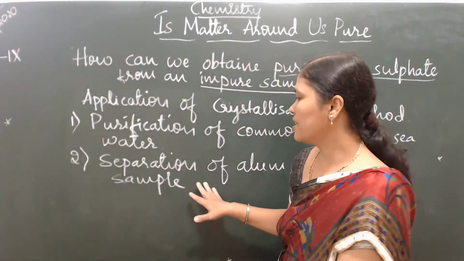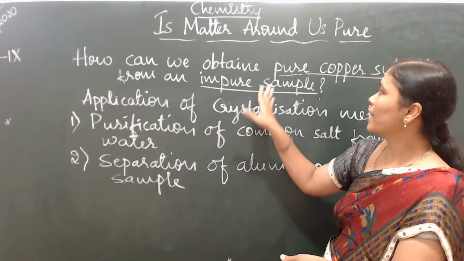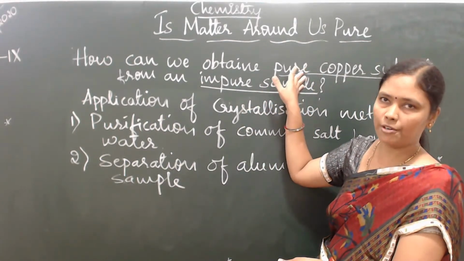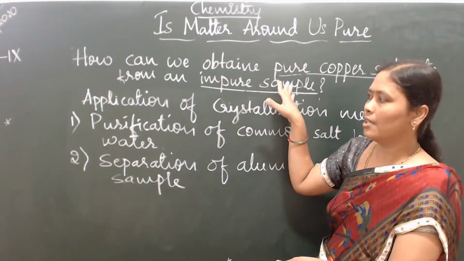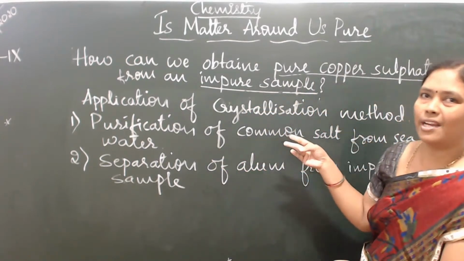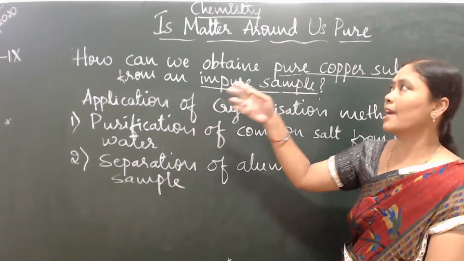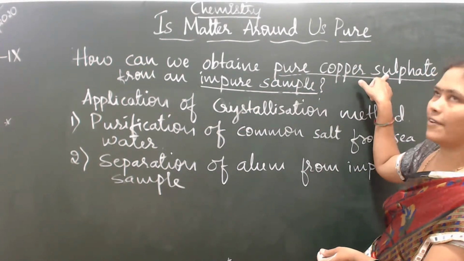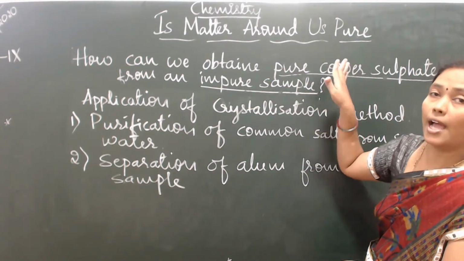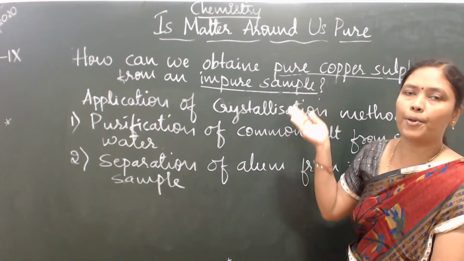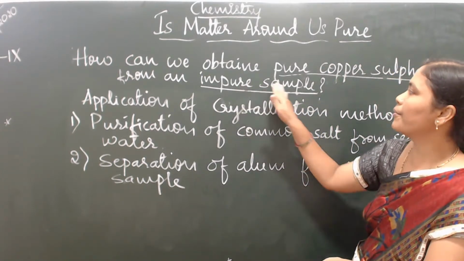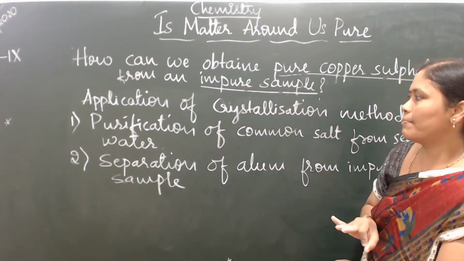Apart from this, it is also used to get pure sugar from an impure sample. So this method is not only used to get pure copper sulfate, which we have studied; it is one of the applications. We can get pure sugar from an impure sample, that is the second application.